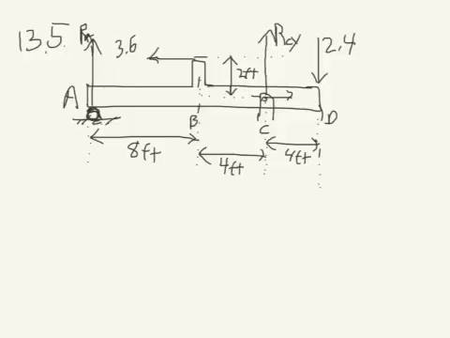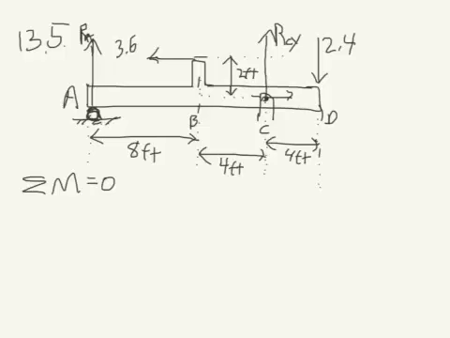So we have these two unknowns, and we're going to use the sum of all moments equals 0 to figure out what they are. In order for this equation to only have one unknown, we want to look at a point, let's say here, point C, where RCY is going to be 0.